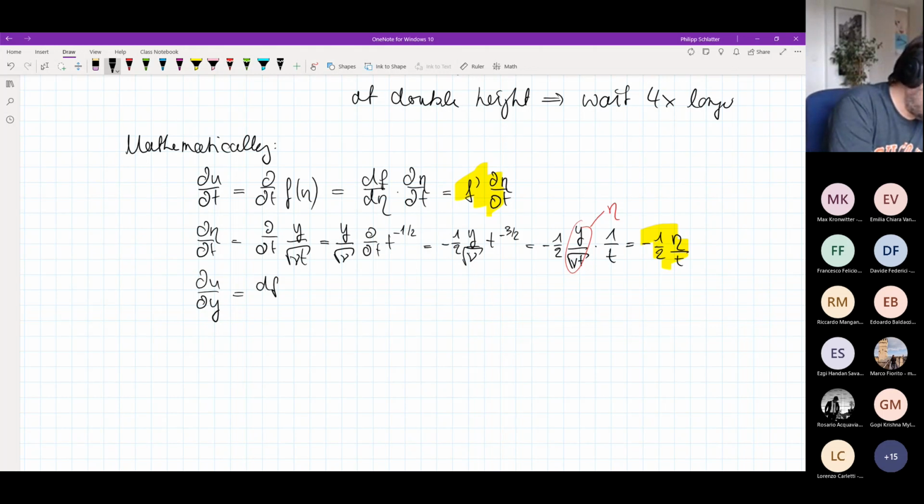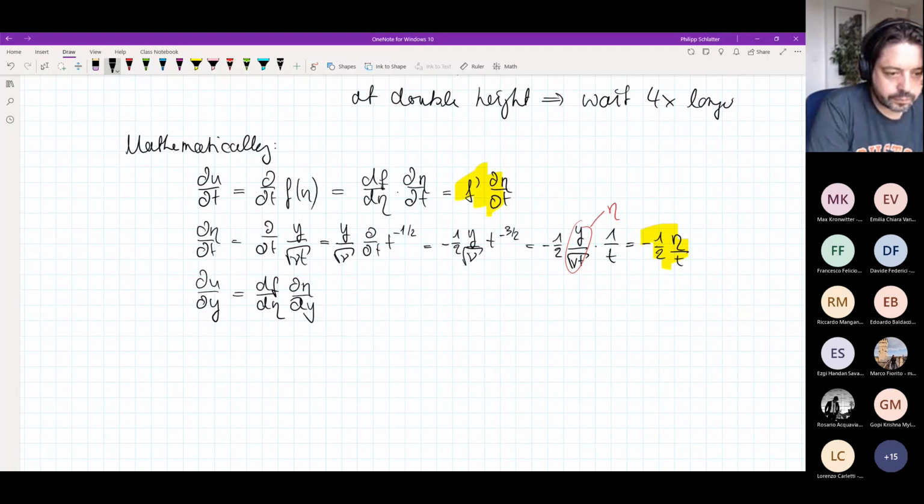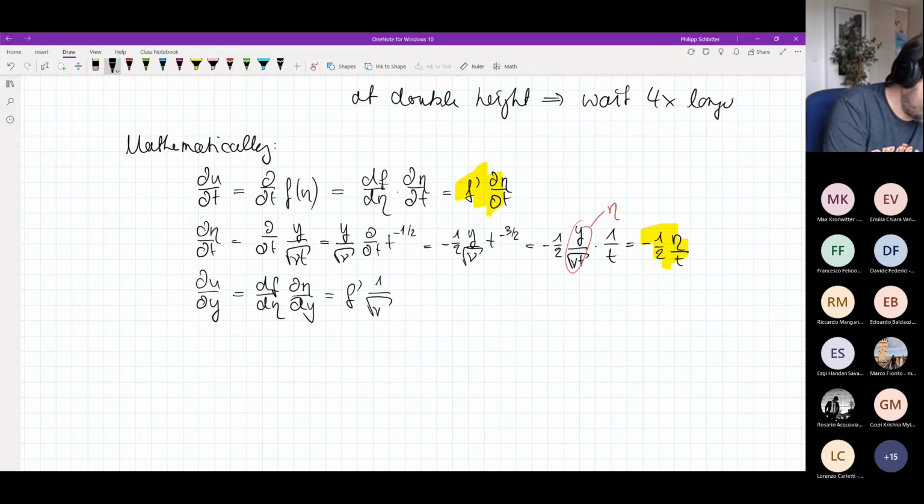So we have df d eta times d eta dy. Of course, this also becomes f prime times 1 divided by the square root of nu t. So that is d eta divided by dy.